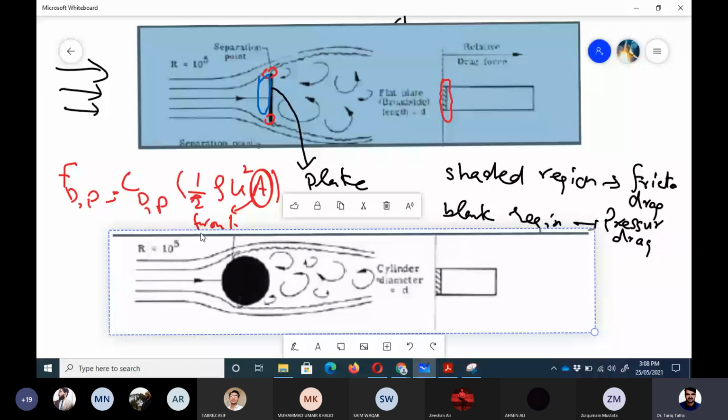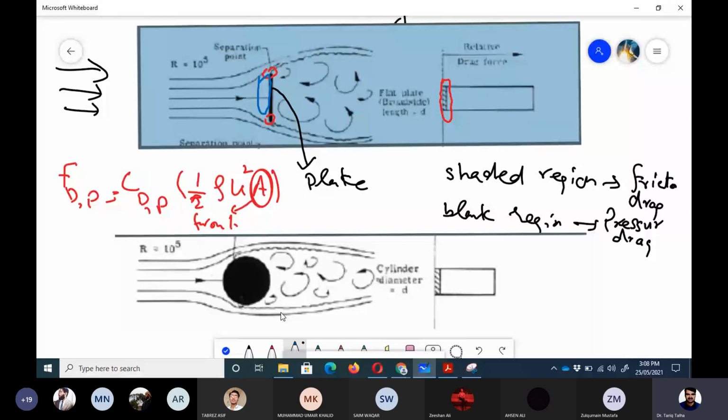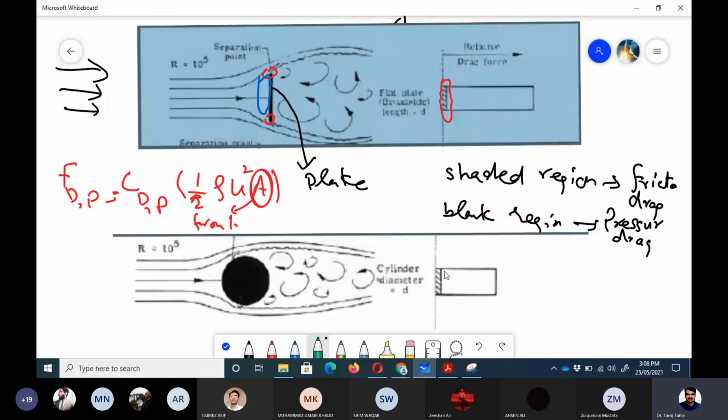Because the surface area is not very significantly increased, but the pressure drag is a little bit less. This is the pressure drag component, the green area in both figures.